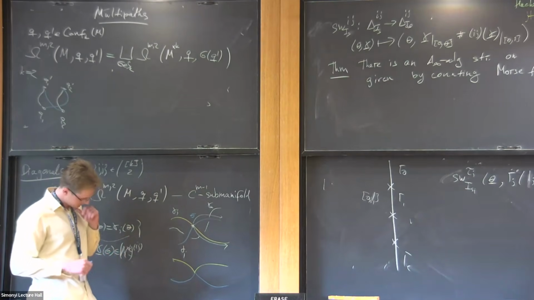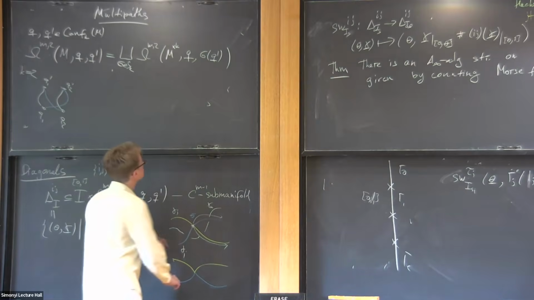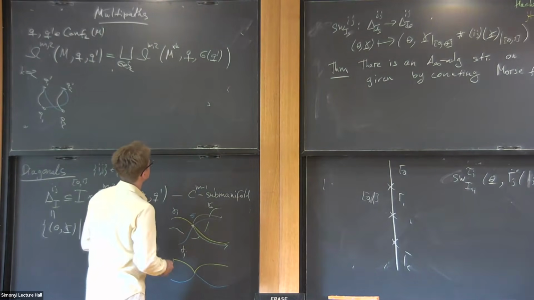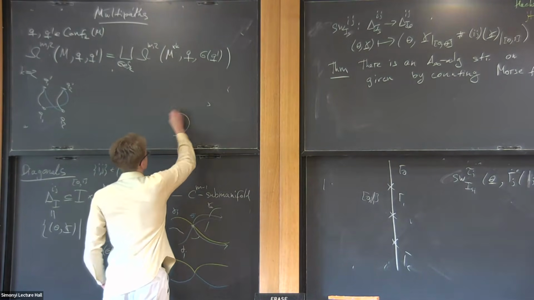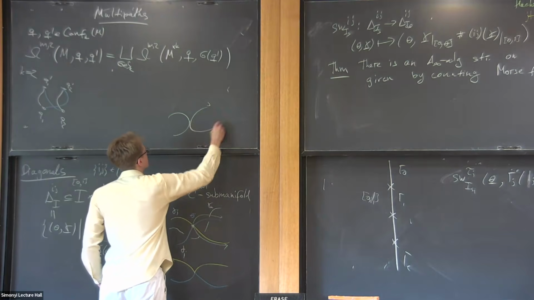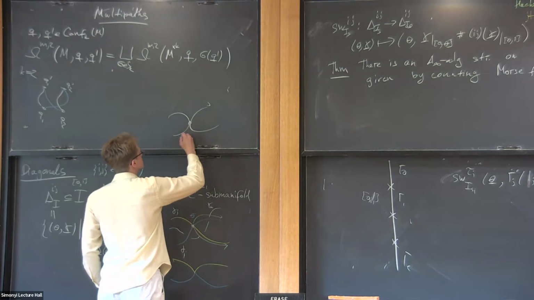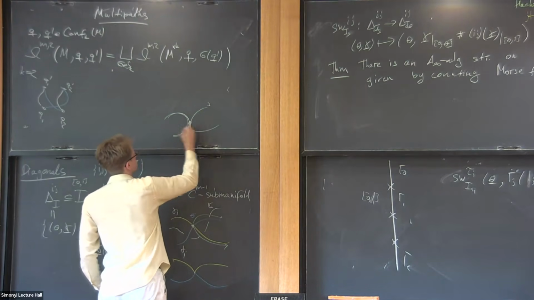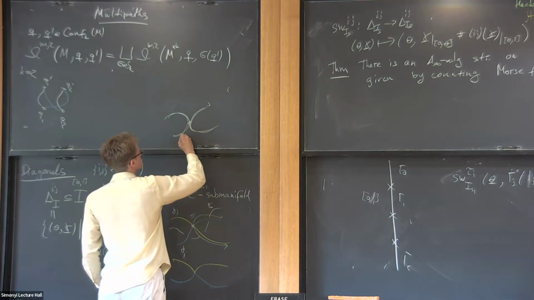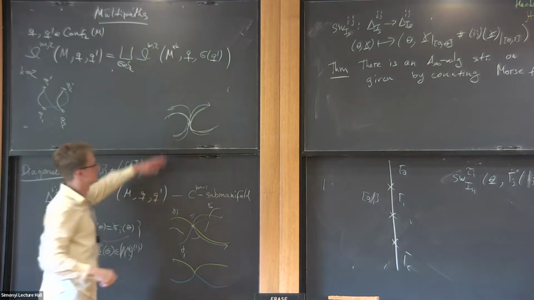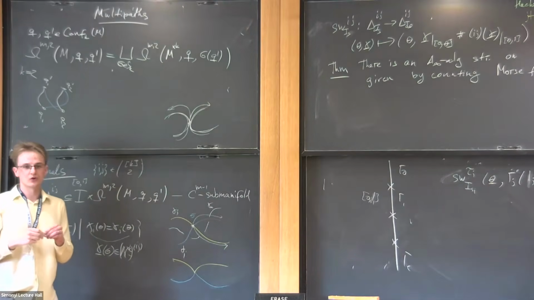That goes back a bit to the old idea of Foucault. If you have some disk like this, you can either travel this way and this way, or you can travel this way and this way. This is the boundary of your disk with the node.